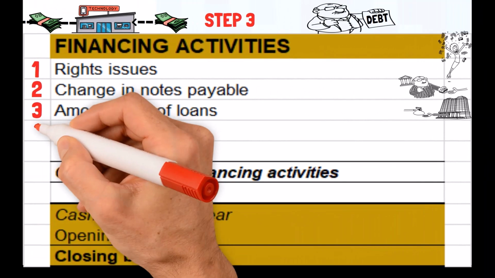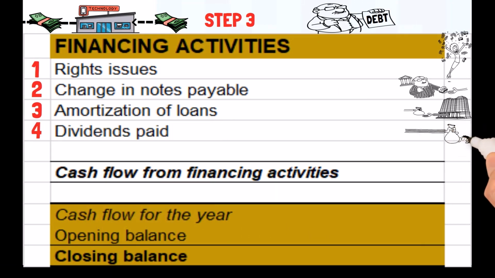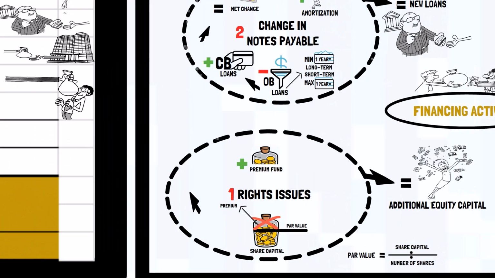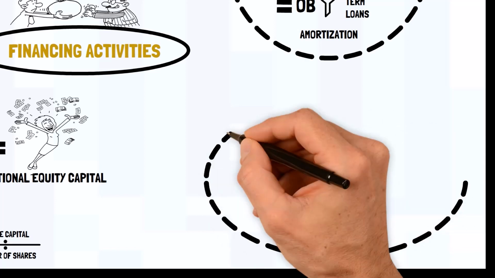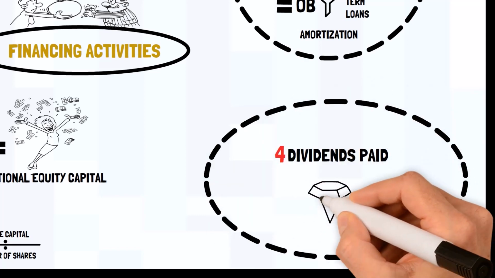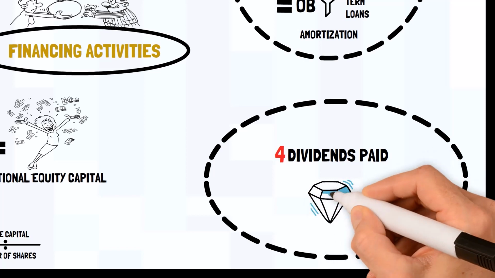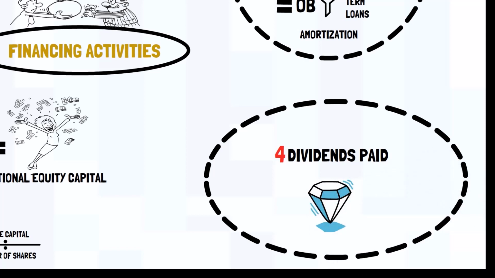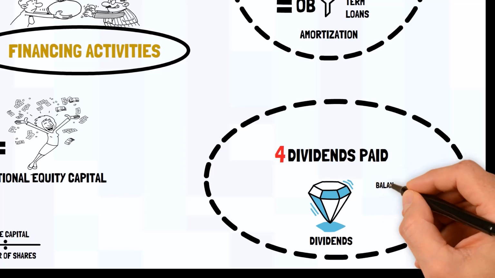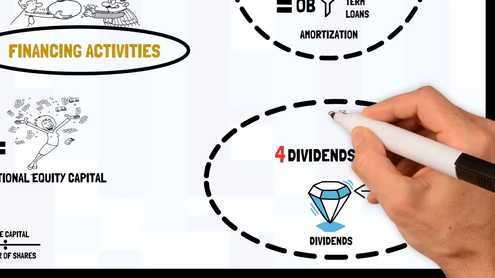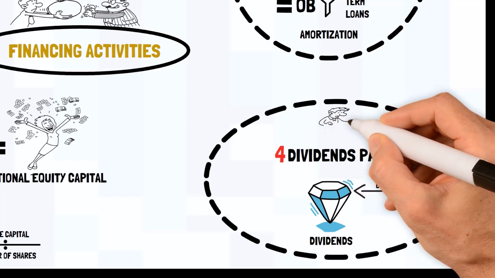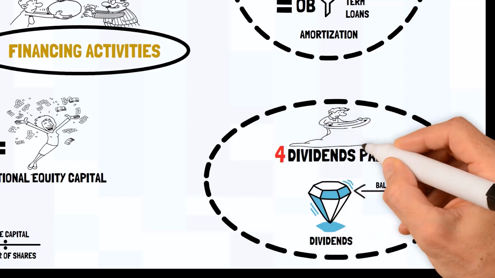The fourth and last part of cash flow within financing activities is dividends paid. The category of dividends paid investigates the outflow of capital or return to the business owners. Capital that can be used for dividends mainly consists of balance result, the sum of profits and losses from previous years, with deductions from previously made dividends.